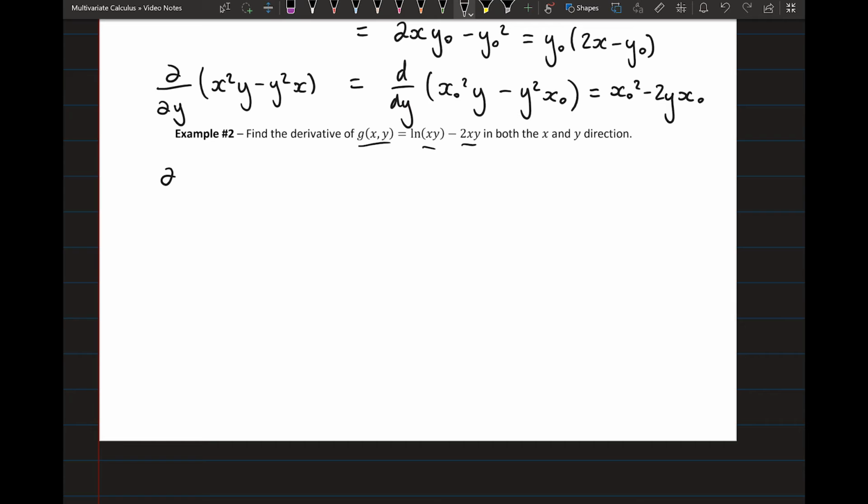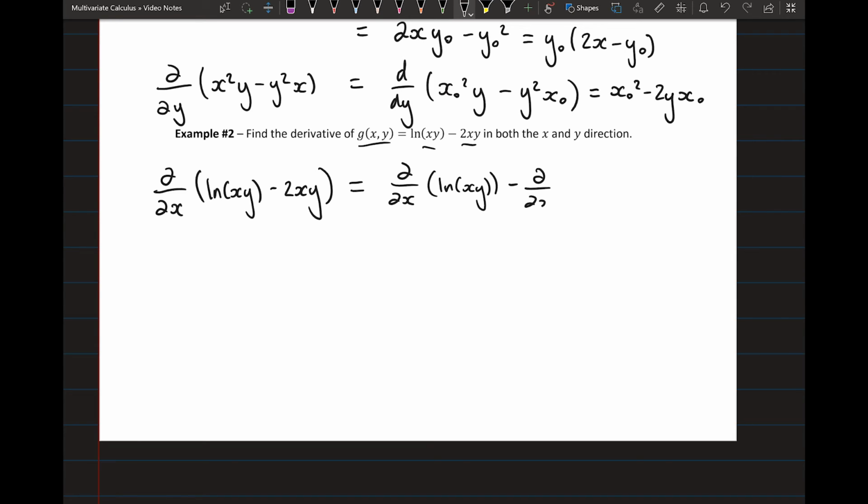So we find the partial in x first for the function natural log of x y minus 2x y, and that is actually equal to the partial of x of the natural log of x y minus the partial of x of 2x y.